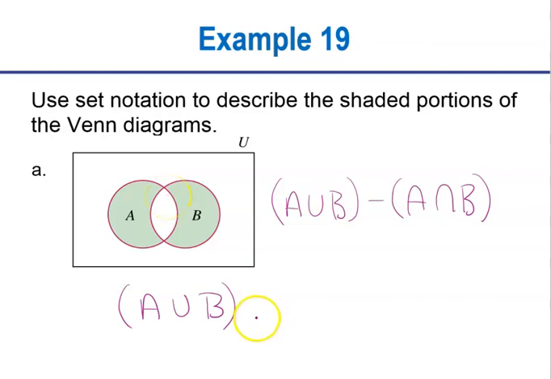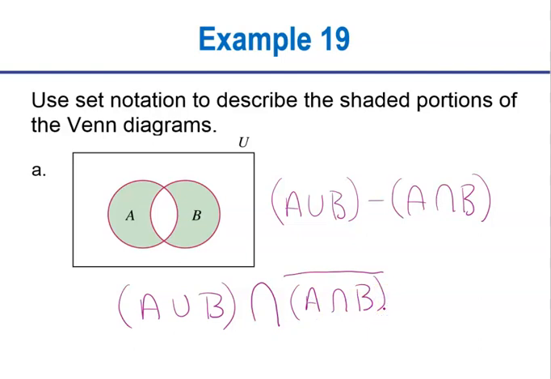Now, what if we intersect that with whatever is not in the center, so let's get rid of that. So that would be a complement. Remember, the complement means everything not in the set A intersect B.